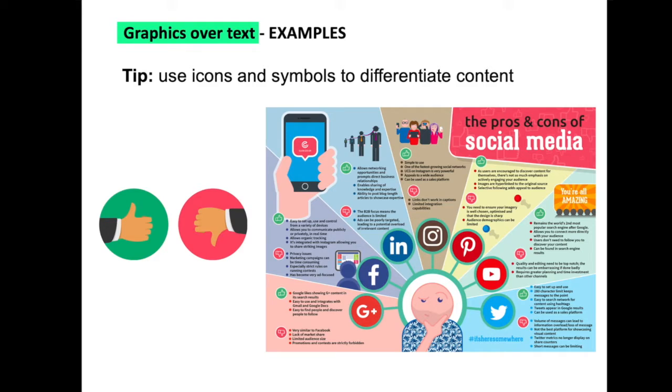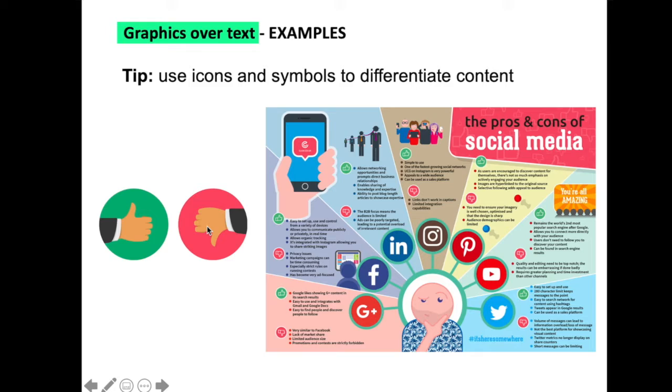Another way is to use icons and symbols. This can help you differentiate content. In this poster example, different social media platforms are being compared based on their pros and cons. And the poster does something very simple, which is to use the icon for a thumbs up or a thumbs down to convey pros and cons.